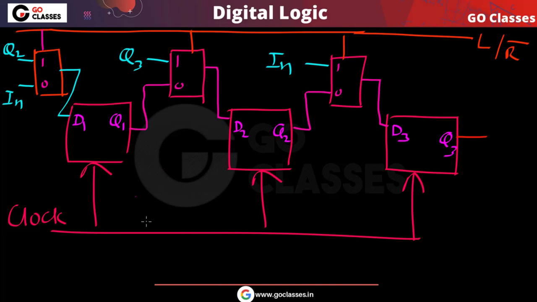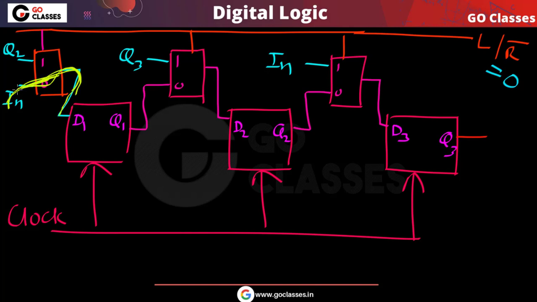Finally, from this diagram you can very easily notice what will happen. Just assume that this is 0. If this is 0, then this input will be going to D1.